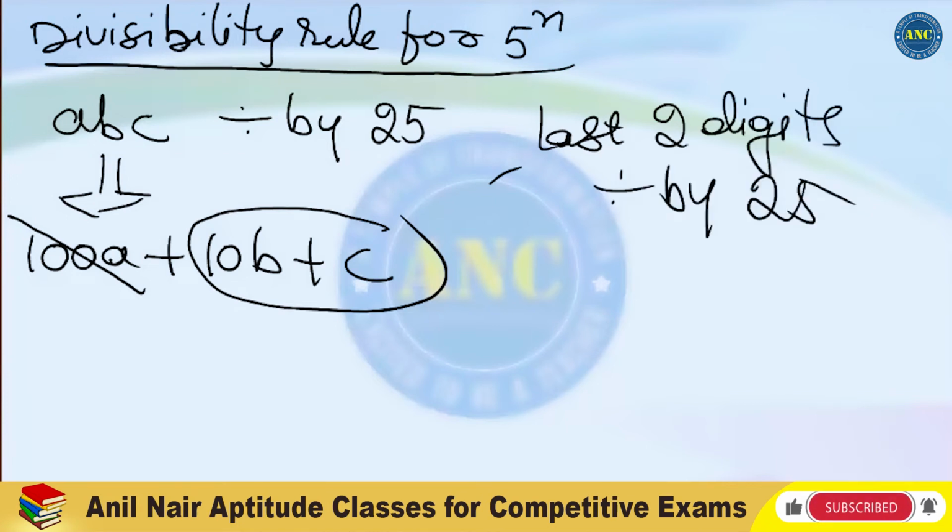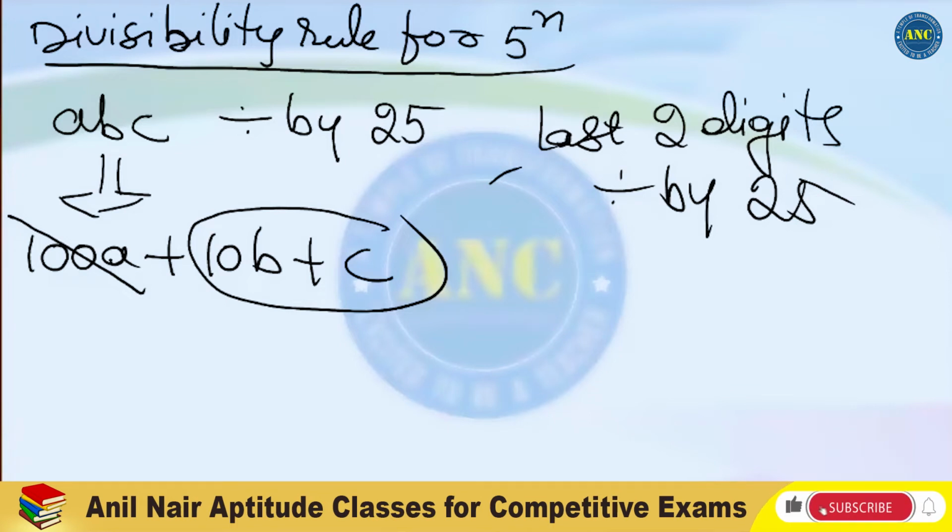Now if you look at the divisibility rule for 5 power n, we already discussed the divisibility rule for 5, where the unit digit has to be either 0 or 5. If I take a 3-digit number ABC, if ABC is divisible by 25, C is unit digit, B is a tens digit, A is hundreds place. 100A plus 10B plus C. 100A is divisible by 25.